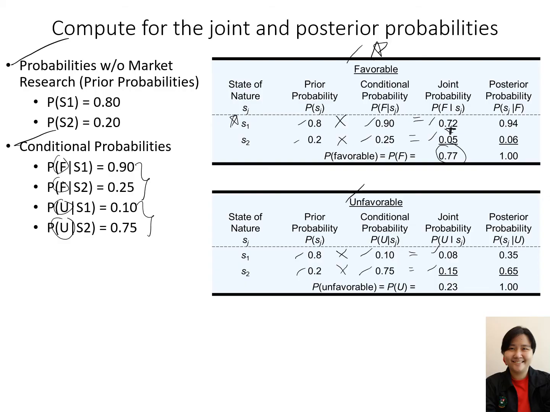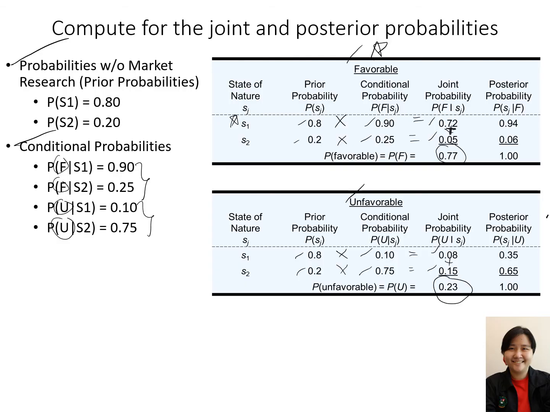And then 0.08 plus 0.15, we get 0.23. So 0.77 and 0.23 are our marginal probabilities. 0.77 is the probability of having a favorable report, and 0.23 is the probability of having an unfavorable report.